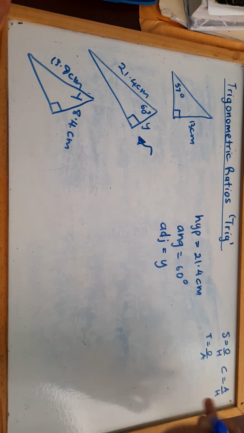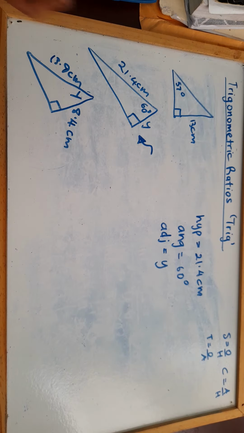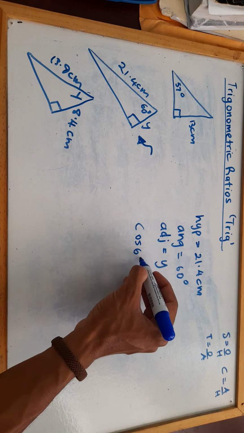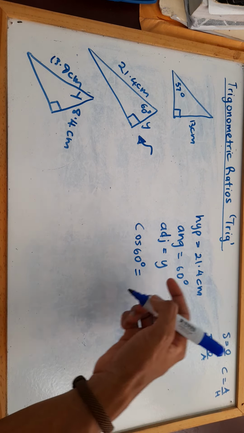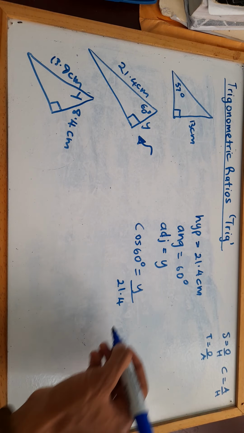Now cos deals with adjacent over hypotenuse, since we have the adjacent and the hypotenuse. So cos of our angle is equal to the adjacent y over hypotenuse 21.4.